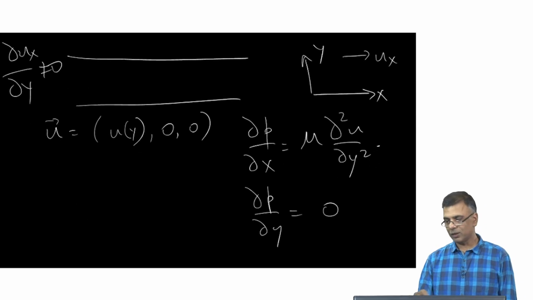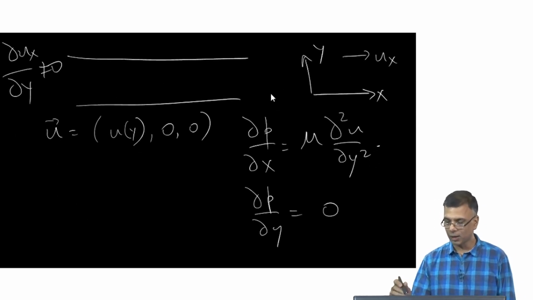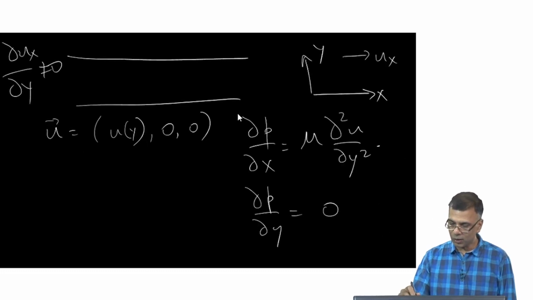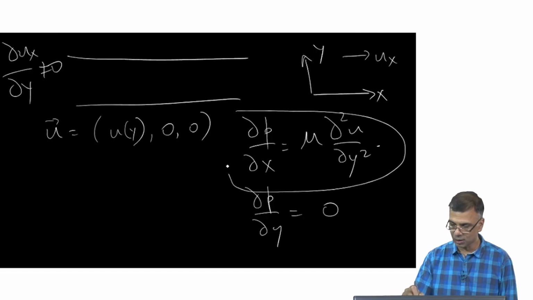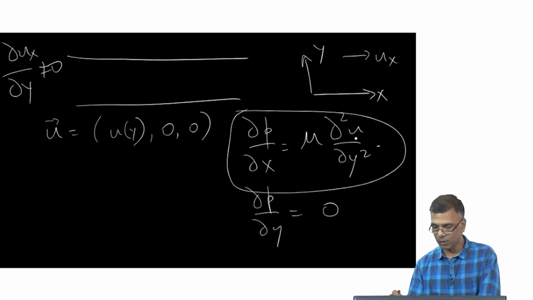Okay. Now you see how remarkably simple this already is beginning to look. In particular, we focus only on this, nothing else. Now as far as finding out the y variation of u is concerned, this is as good as a constant, right? Think about this.